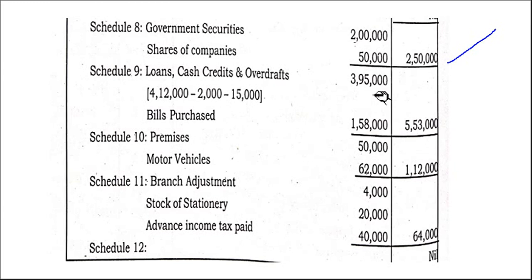And we are writing here, bills purchased, 1,58,000. So total 5,53,000. Then premises 50,000, motor vehicle 62,000, 1,12,000. Then branch adjustments, stock of stationery, advance income tax paid. So this we are writing under Schedule 11, other assets, 64,000. Schedule 12, a contingent liability is not there.